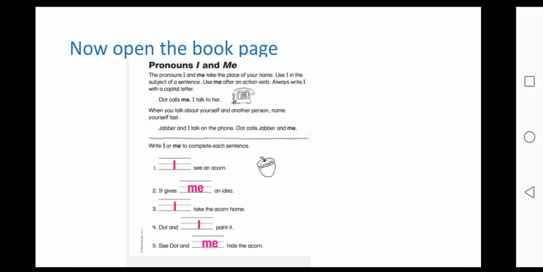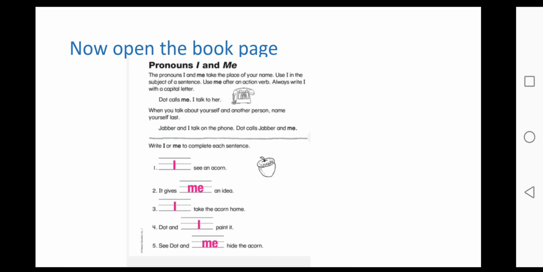It gives me an idea. Now, why should I use me here? Why should I say it gives me, not it gives I an idea?